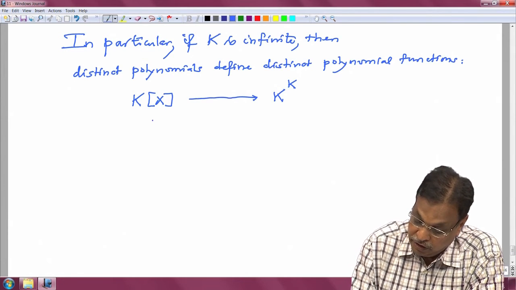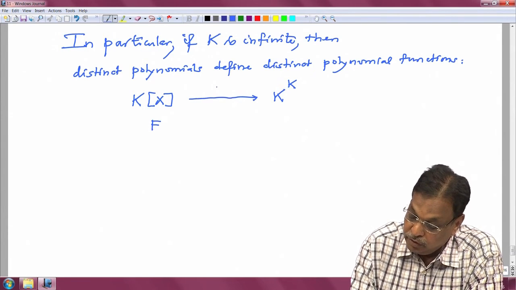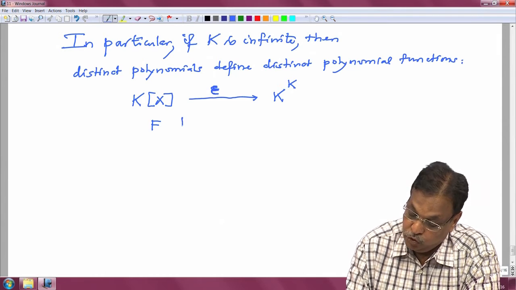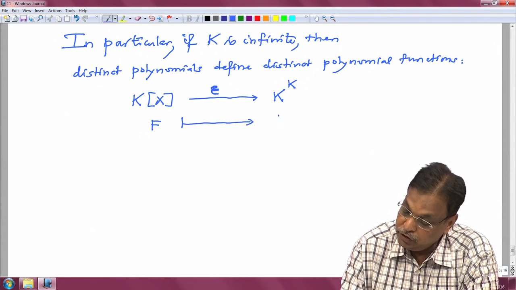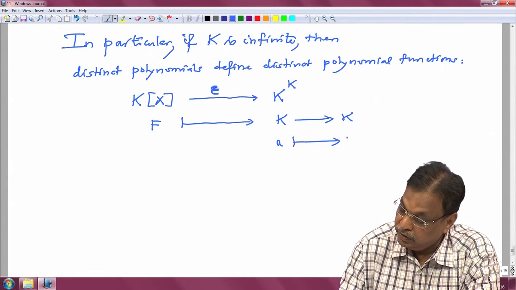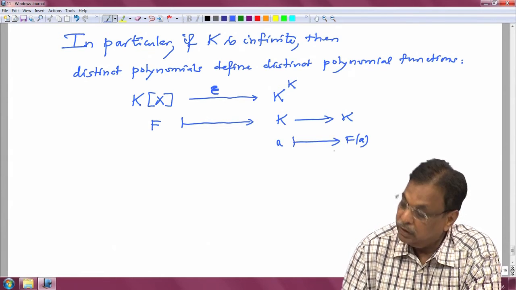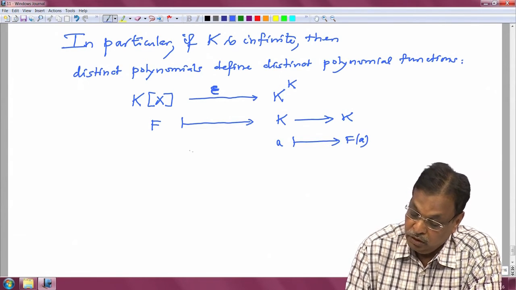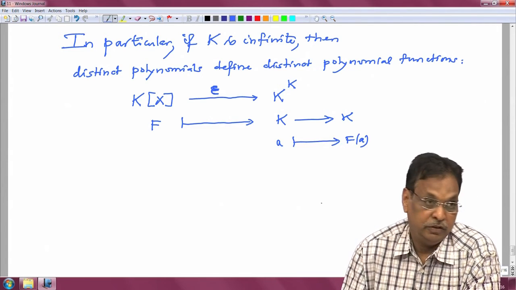The map, which I denote by epsilon, takes any f to a function from K to K. This is the function a goes to f of a. So a polynomial is mapped to a function.